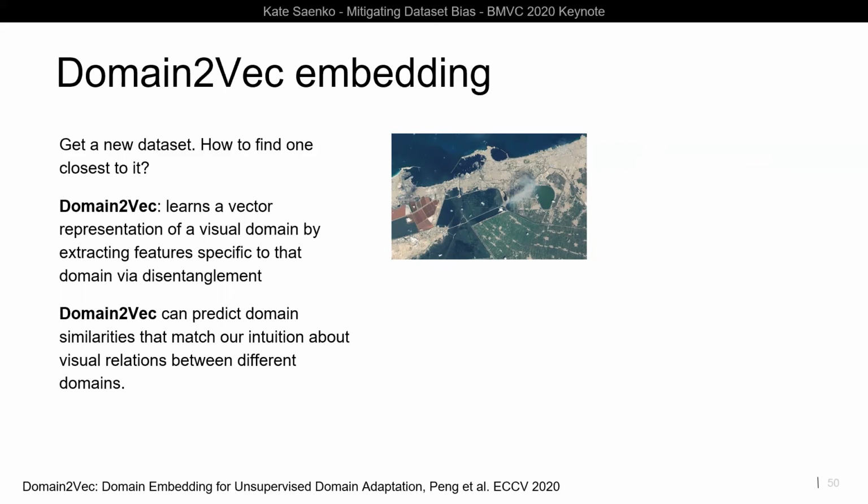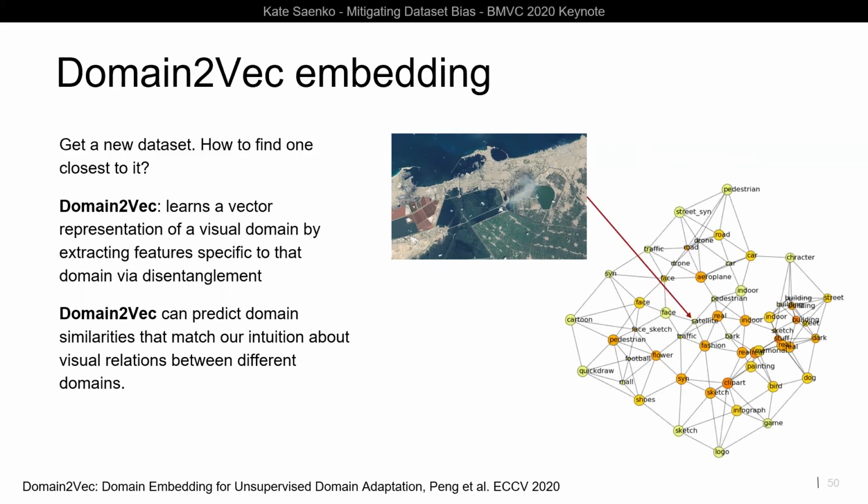And so with domain to vec, we can predict domain similarities that match our intuition about visual relationships between different domains. So for example, in this case, for a satellite domain, we can map it into our domain to vec feature space and find the closest neighbor domain, which ideally, if this method works well, is also a satellite domain or something that's very similar to a satellite domain. And then we will use that source domain with labels to transfer knowledge to our new input domain.